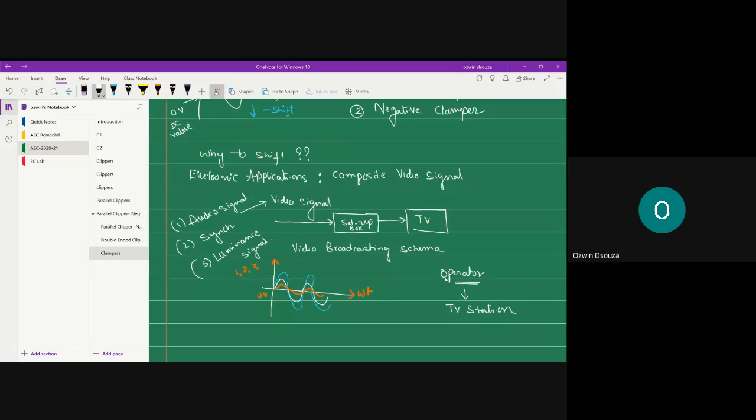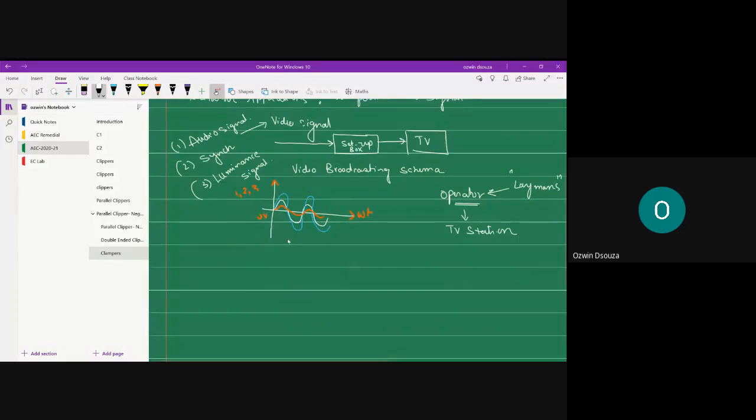That's because the operator need not be an electronics engineer. The operator could be a layman. Normally the operators are laymen. So they will not understand what should be the amplitude of the audio signal, sync signal, luminance signal, and so on. So in order to provide a kind of foolproofing, the crude understanding is that any fool can follow.